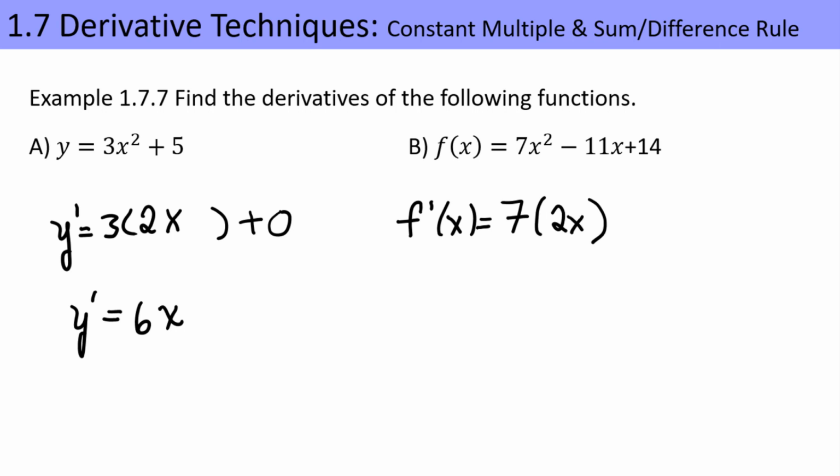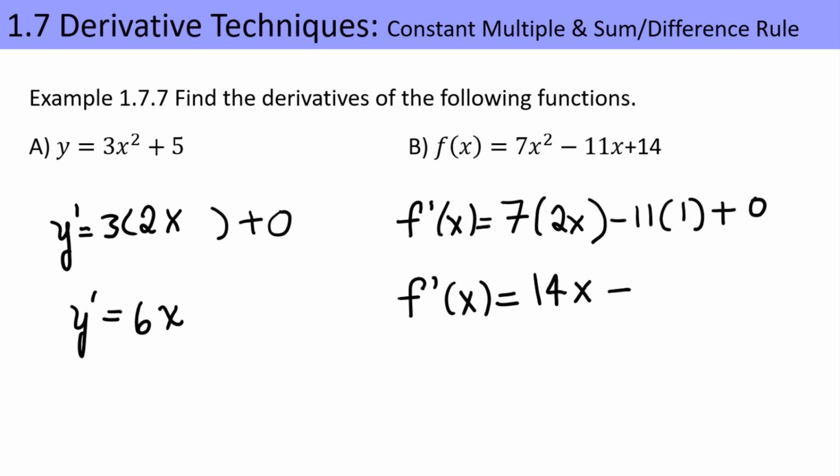Then the difference, we'll do minus, the constant 11, times the derivative of x, which is just 1, plus the derivative of 14, which is a constant, and the derivative of a constant is 0. Let's simplify, and we have f prime of x is equal to 7 times 2 gives us 14x minus 11.